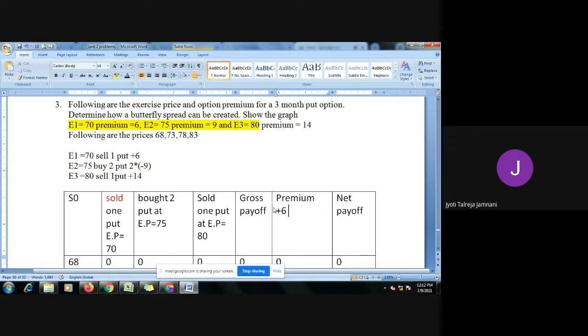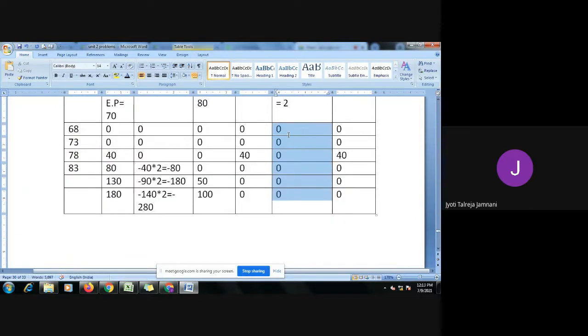Okay, then plus 14 because you have received it again, and minus 2 into 9 because you have paid this. So 2 into 9 is 18. So 14 plus 6 minus 18, that means 20 minus 18, your premium is equal to 2. Okay, so we will use this here, 2 rupees premium.